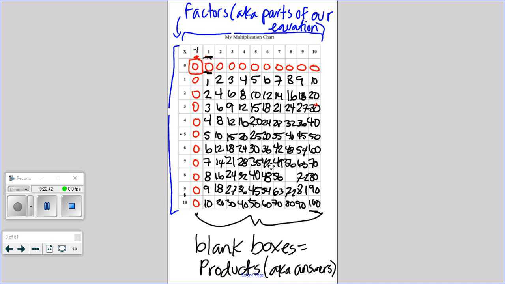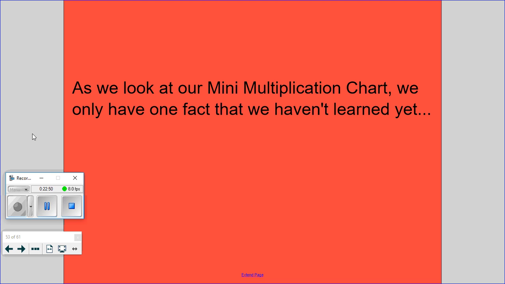We only have one more equation left. Alright, you guys just looked at your mini multiplication chart. What is the only fact that we have not done yet? William? That is not a fact. That is a number. 8 times 8.